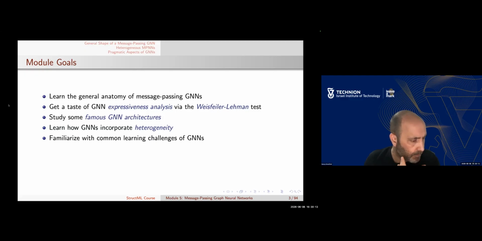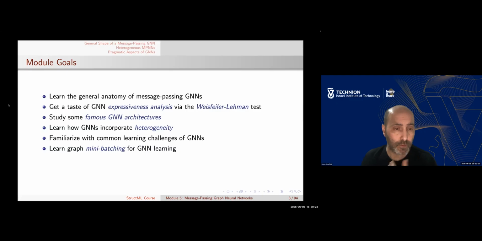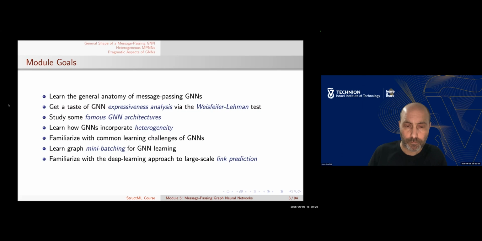We will understand some of the challenges of learning and applying GNNs on graphs, specifically on large graphs. We're going to look at techniques for mini batching of GNNs.